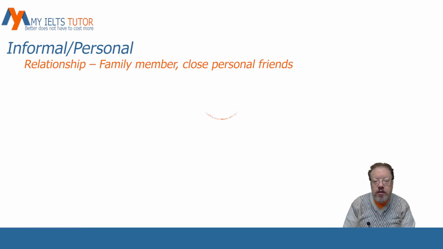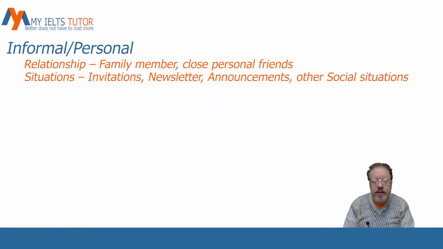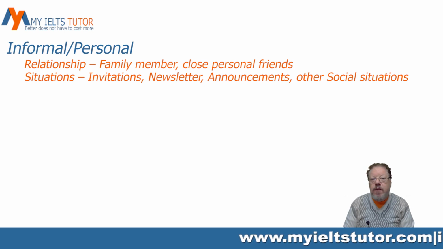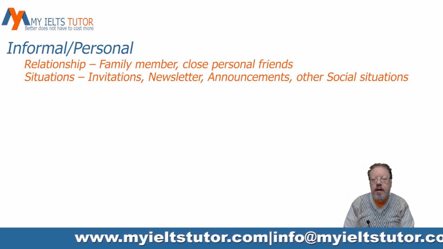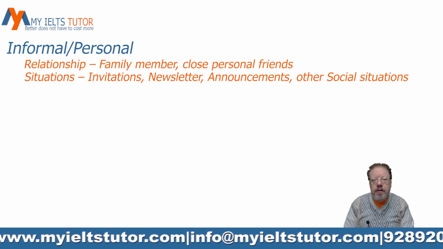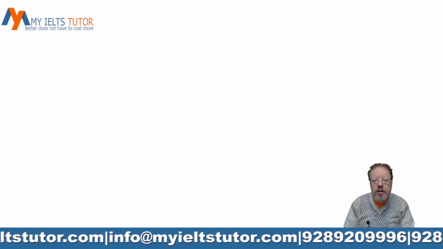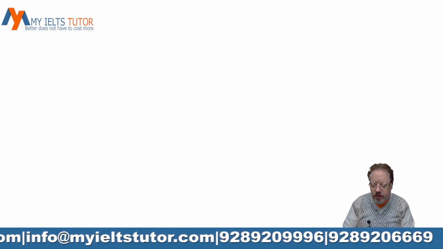The situations for informal letters could be invitations, a newsletter. A newsletter is basically a letter telling about, say, your vacation. Announcements such as wedding announcements or birth announcements and other social situations.